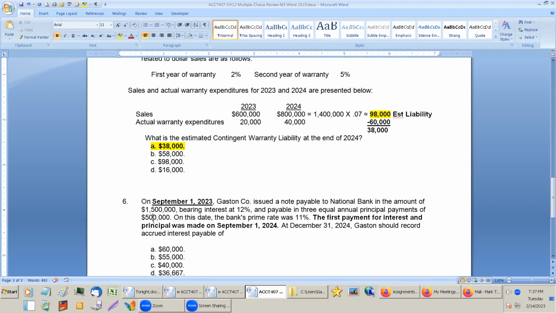So they make payments of 500,000 plus interest. As of after September 1st, 2024, it would be 1.5 million minus the 500,000, so the principal amount left would be 1 million.